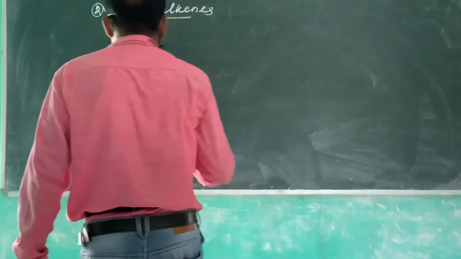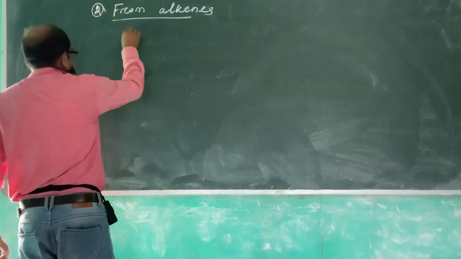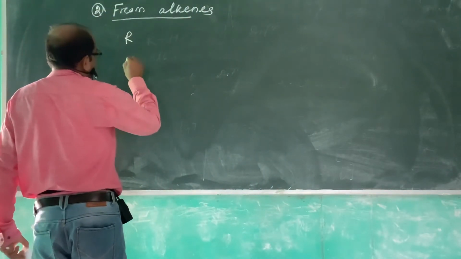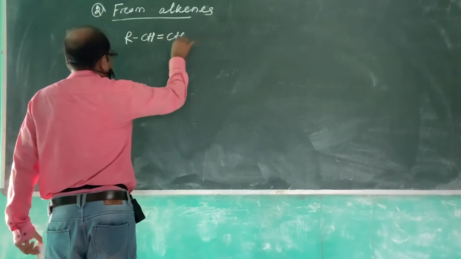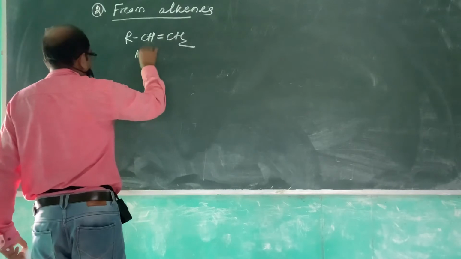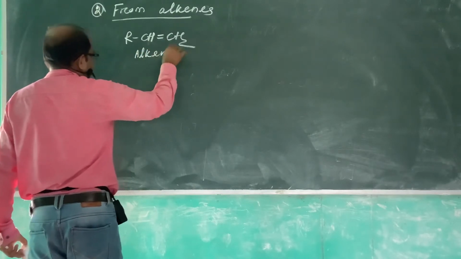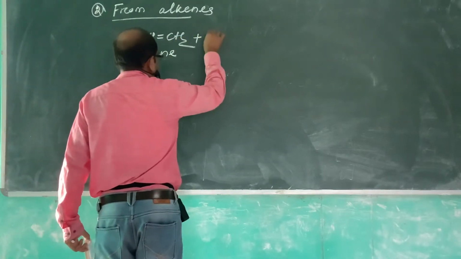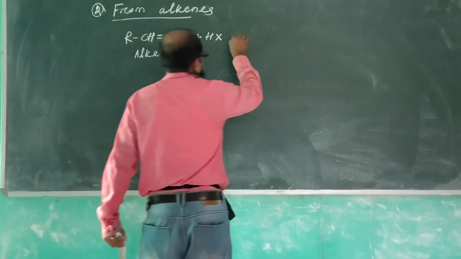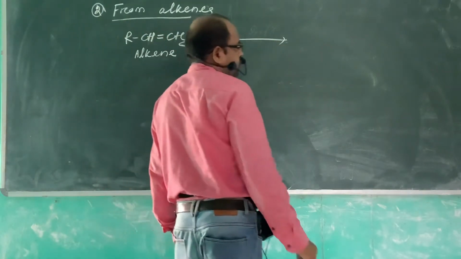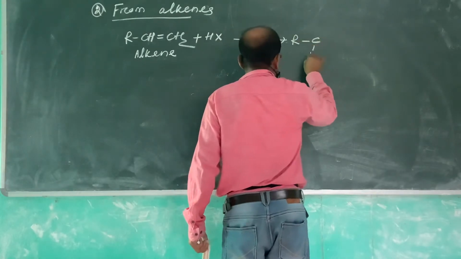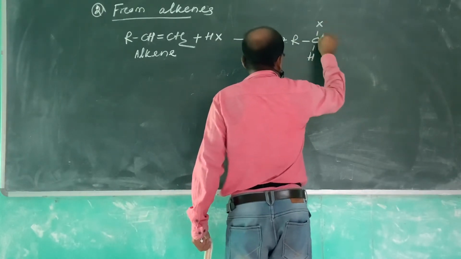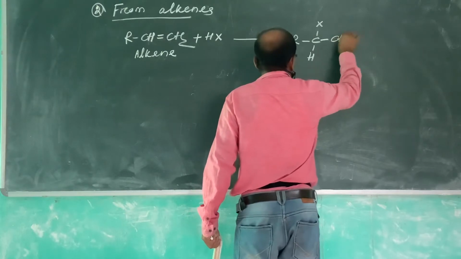Let us consider a general reaction. RCH double bond CH2. This is called alkene. It reacts with the HX to produce R, C, single bond H, single bond X, single bond CH3.